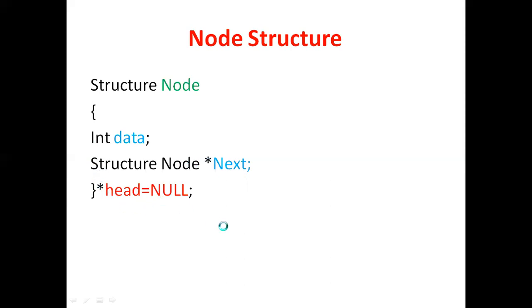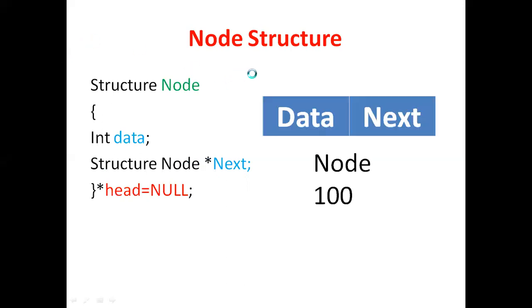So initially we are using one head variable. That variable always holds the null value. Next, if you create one node, the node contains an address, 100, and two parts, the data part and the next part.